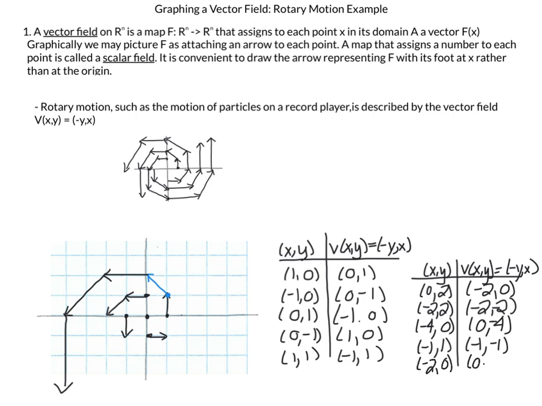So I'm going to get 0, negative 2. So again, I can think of that as being here, and this tells me I want to move in the y direction negative 2 units. Now this point becomes my new point, and it's negative 2 in the x direction, negative 2 in the y direction. So I have negative 2, negative 2.